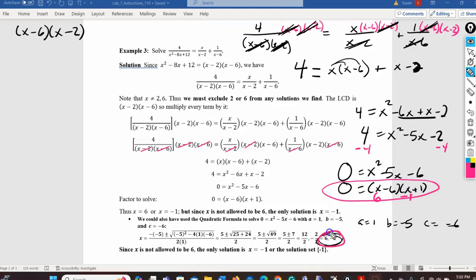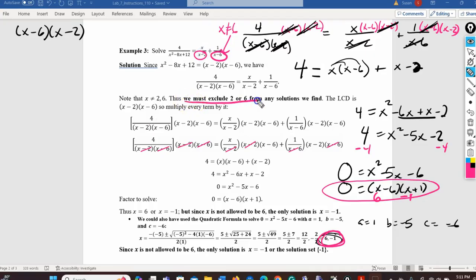Now, before you do anything, make sure they're both allowed. And if we come back here in the original, x is not allowed to be 6, because if x is equal to 6, you're going to get 1 over 0 and the thing will blow up. And also x is not equal to 2.